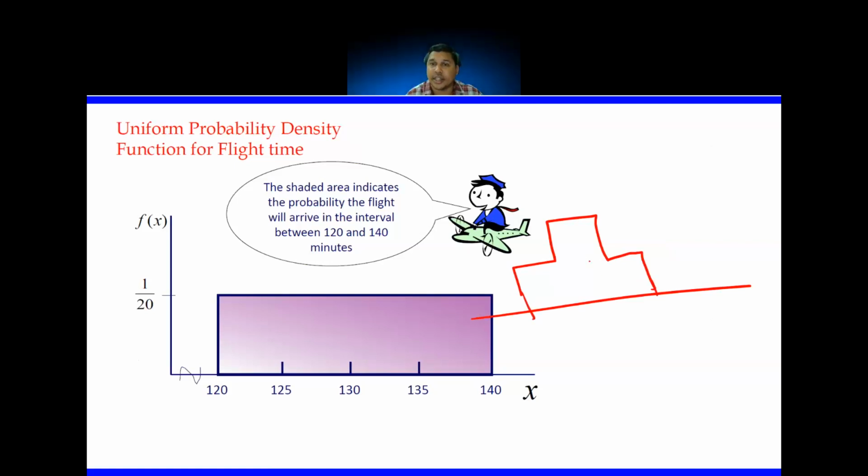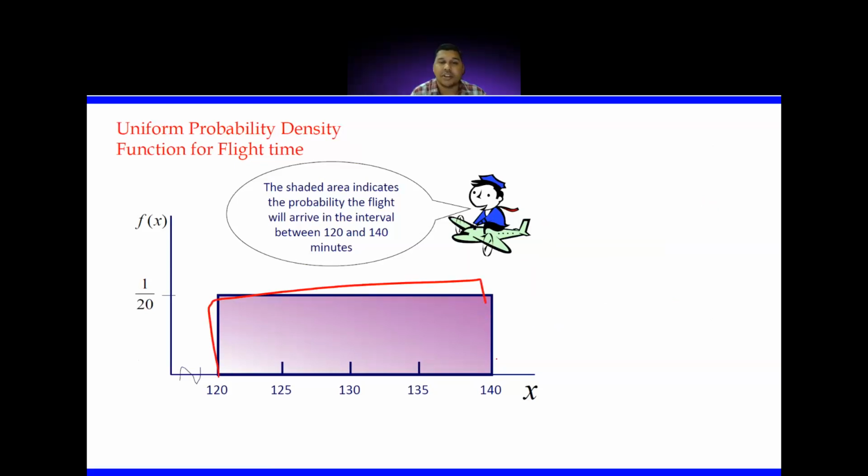Though it is discrete, there are some changes, and the continuous is something like this. But in uniform probability, we have a fixed time range like this: 1 by 20. A flight coming at 120 is 1 by 20, coming at 125 is 1 by 20, coming at 128 is 1 by 20. Always the probability is 1 by 20.